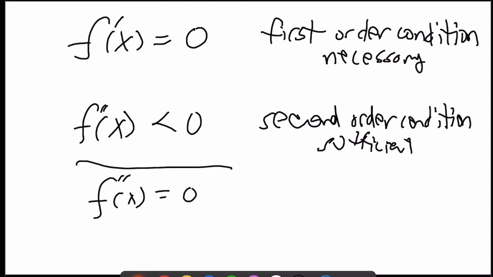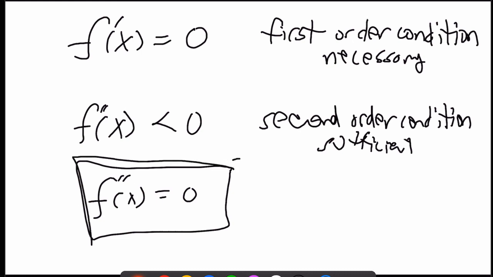What if this is true? Then this thing is not a sufficient condition. It's another necessary condition. And what we do in that case is we go looking for the next one.